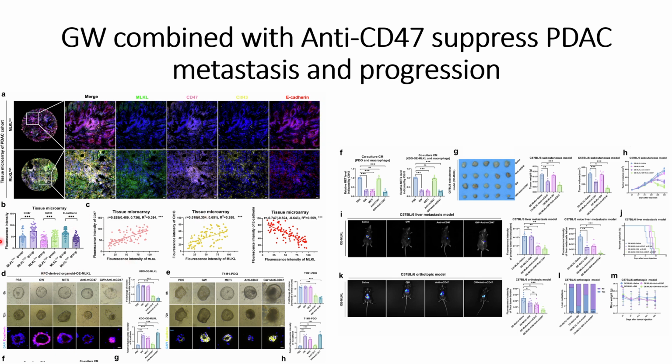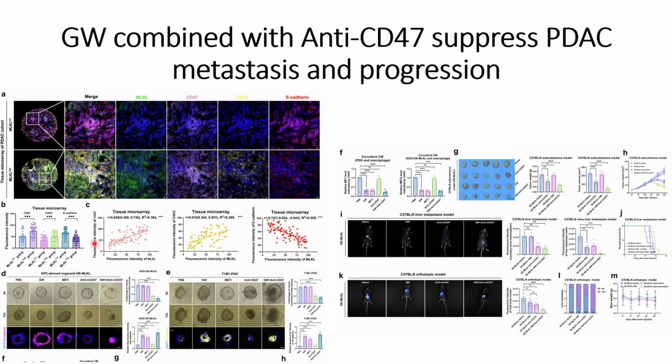And this is the quantification of the tissue microarray, where we can see that CD47 is high where MLKL is overexpressed in the patients, and the CITH3 is also found to be high, and the E-Cadherin is found to be lower.